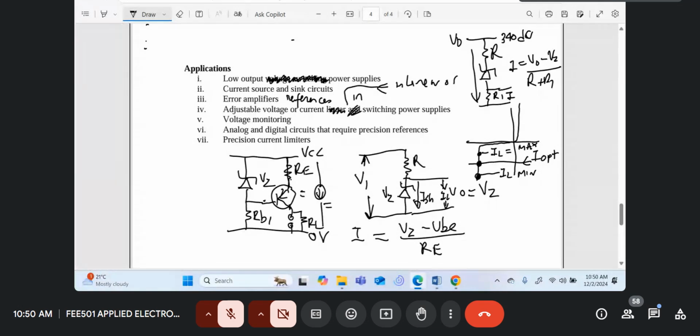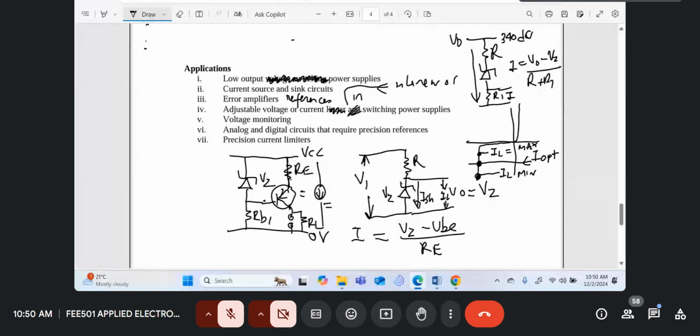So that will be the maximum current that we want to pass through that circuit. Where VBE, I said, is 0.65 at room temperature. So that's the thing.